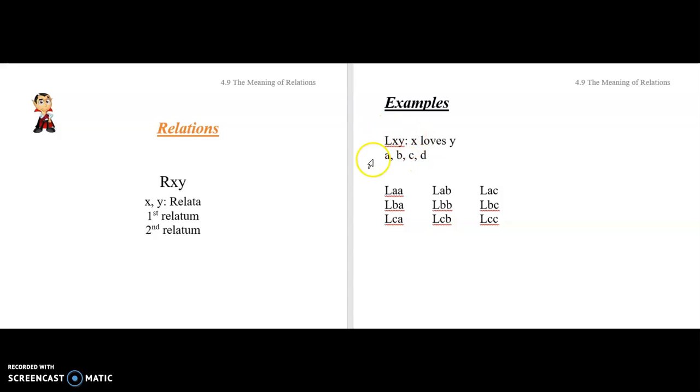How many different sentences could you make now? All right, so hopefully you are pausing and thinking this through for yourself, right? But it would be LAD, here you would have LBD, here you would have LCD, and here you would have LDA, LDB, LDC, and LDD, okay? So in this particular case, it turns out there's 16.